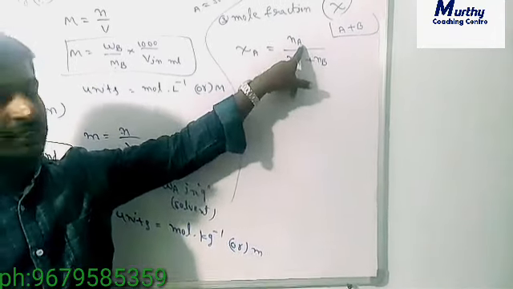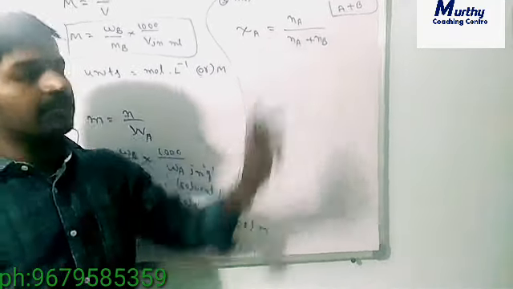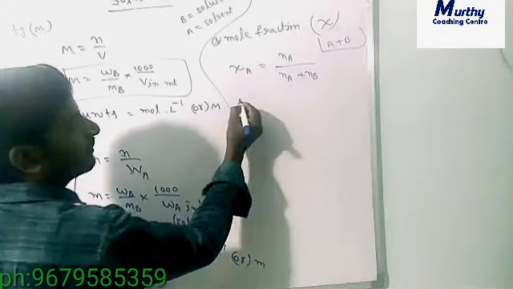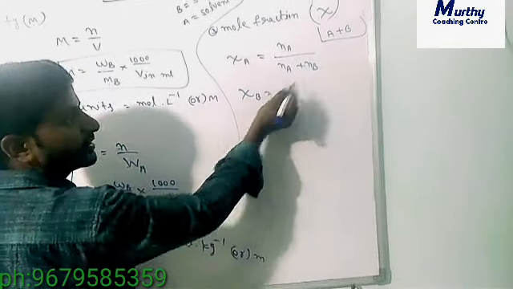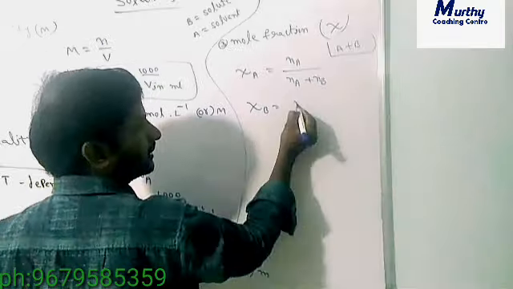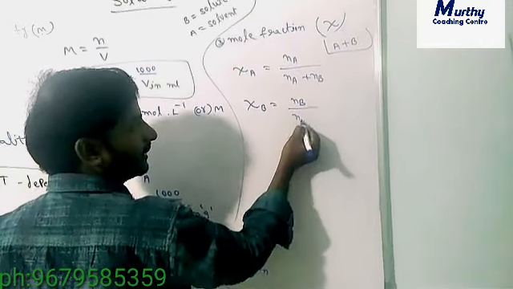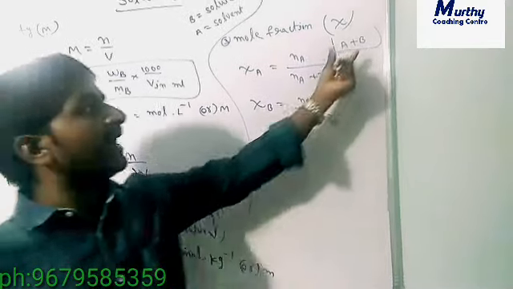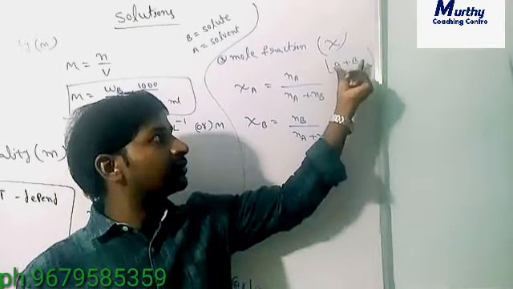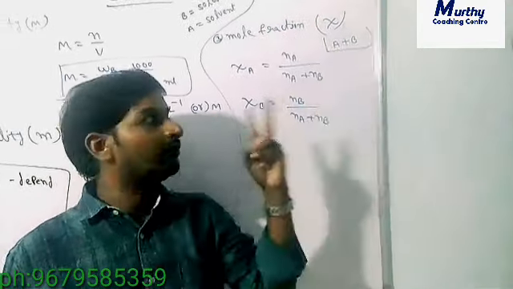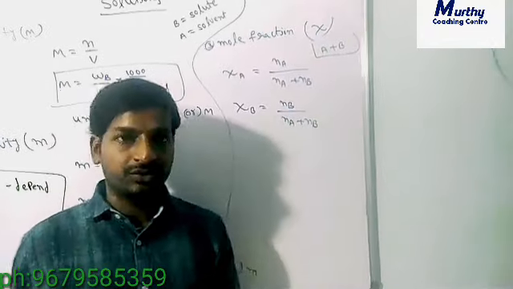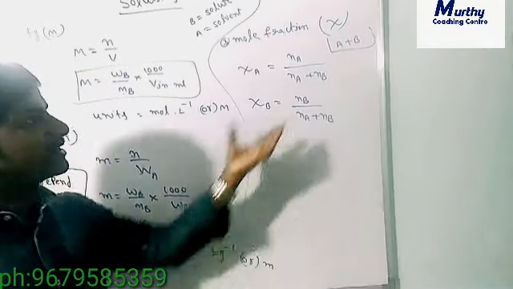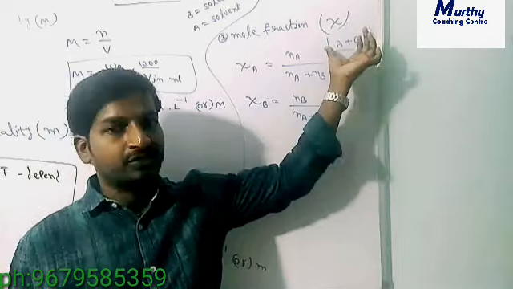Moles of A is Na, and total moles of the solution is Na plus Nb. In a similar way, to calculate the mole fraction of component B, it is Nb by Na plus Nb. We are assuming this is a binary solution, meaning the solution contains two components. From the CBSE point of view, we generally consider only binary solutions.